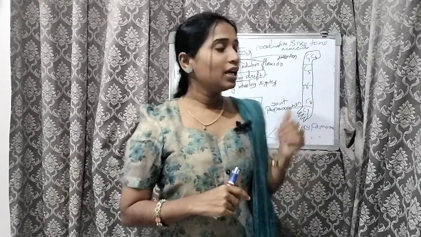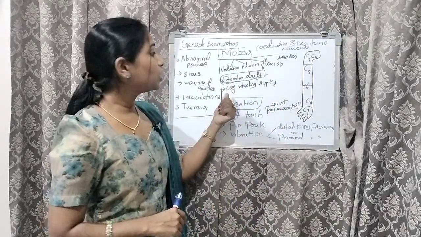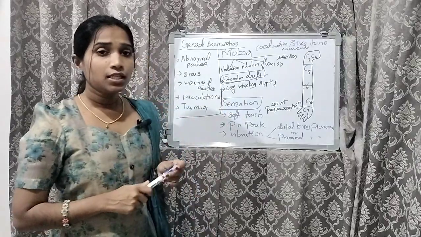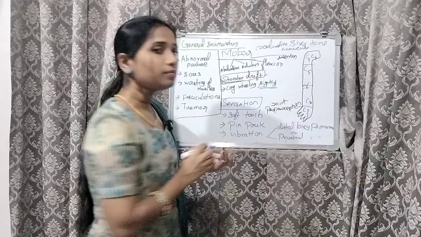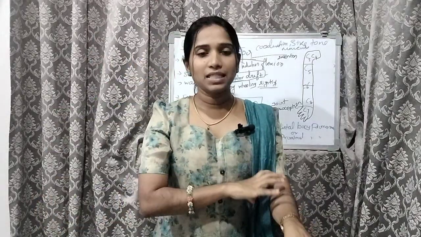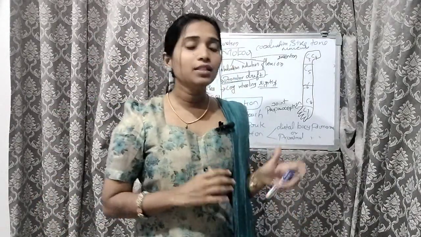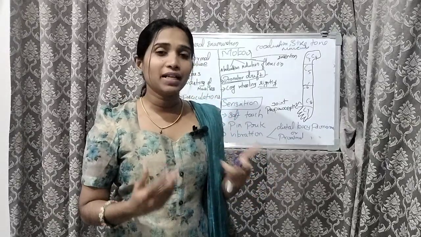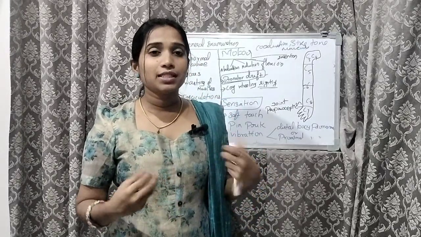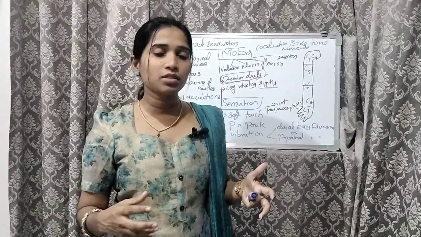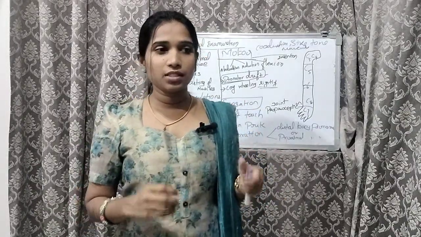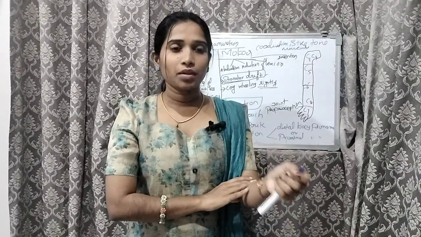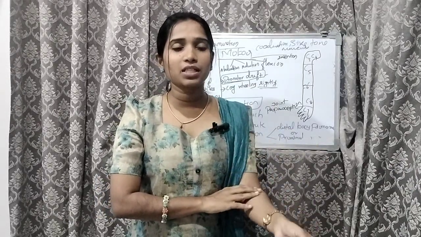Clear? So after that you have to do cogwheeling rigidity. Rigidity means you are assessing muscle stiffness, especially in a person who has Parkinson's disease or decerebrate symptoms. Persons may have cogwheeling rigidity, which means they have muscle stiffness while doing flexion and extension.